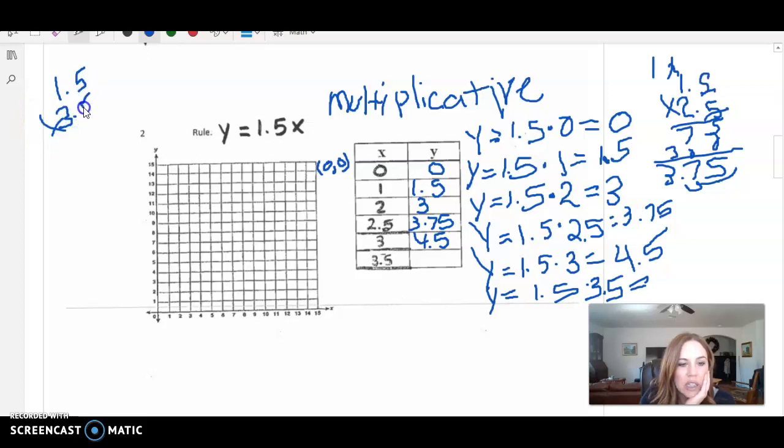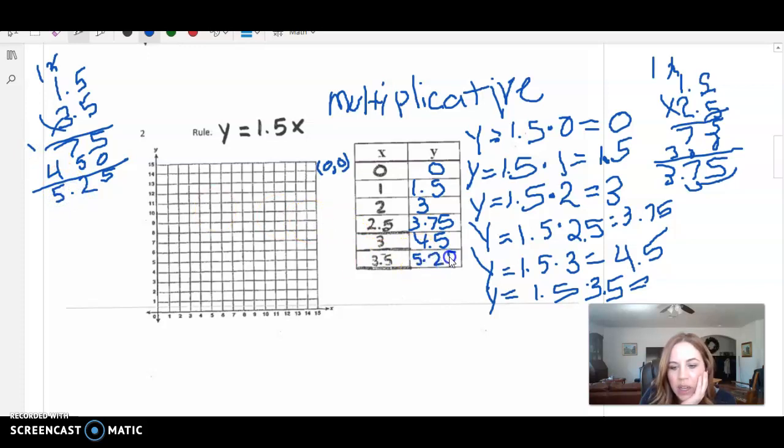I don't know what 15 times 35 is. 5 times 5 is 25. 7 again. 0, 5. Carry my 1, and that'd be 4. So that'd be 5, 2. Carry my 1, 5 25/100ths. 5.25.